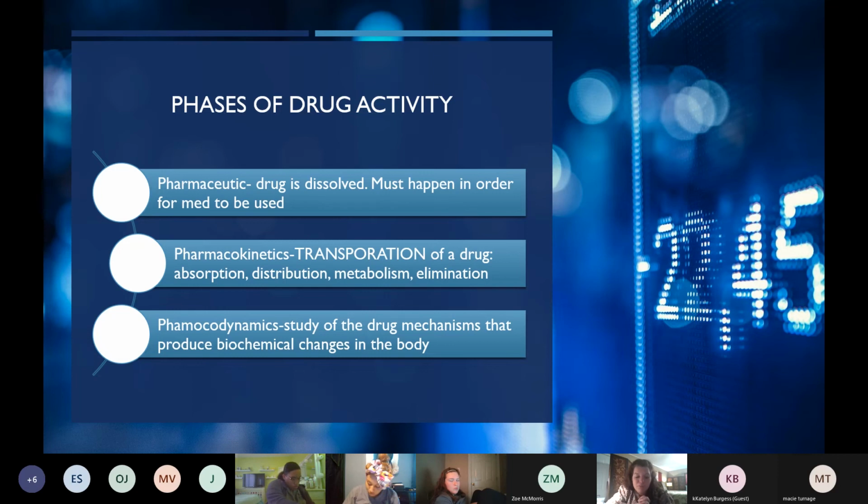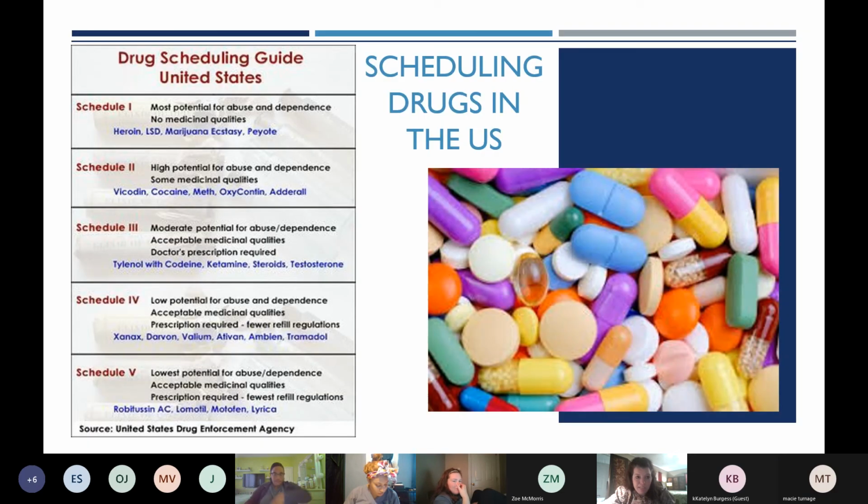But most prescription medications are not going to be listed as higher than a controlled substance 2. Schedule 1 drugs are usually going to be street drugs. So Schedule 2 drugs are actually going to be your prescription drugs that have the highest potential for abuse. Does that make sense?